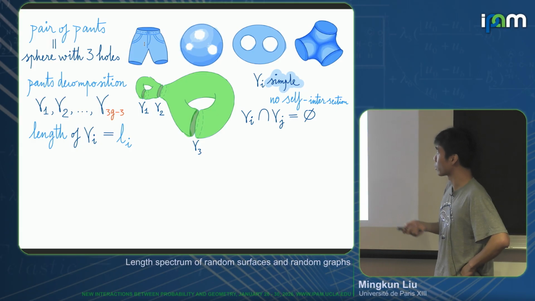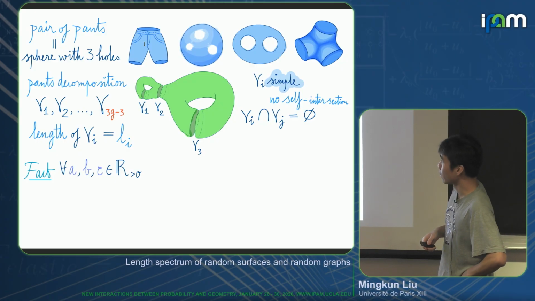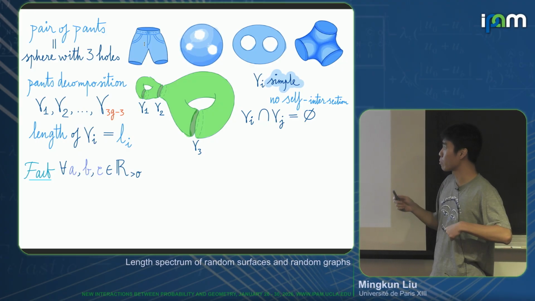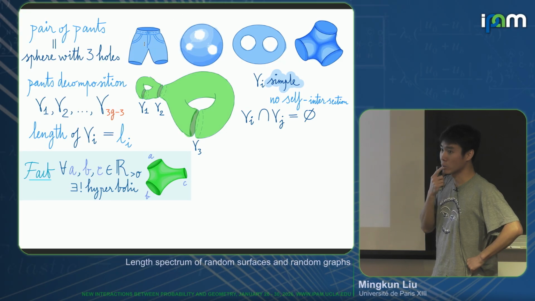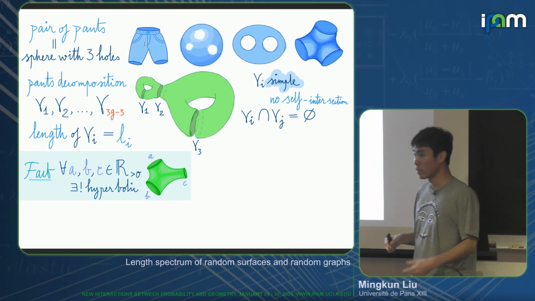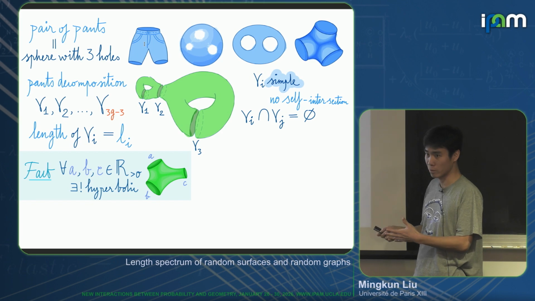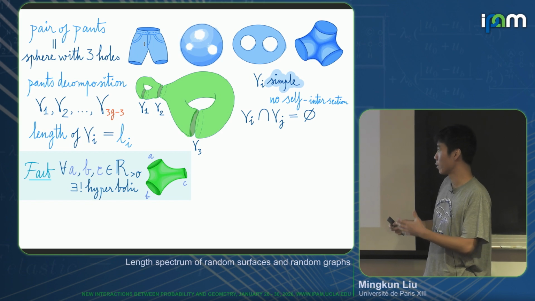So why are we interested in these pairs of pants? Basically because of the following fact. Given 3 positive numbers, there actually exists a unique hyperbolic pair of pants with geodesic boundary of length exactly A, B, and C. So they can serve as building blocks for hyperbolic surfaces.